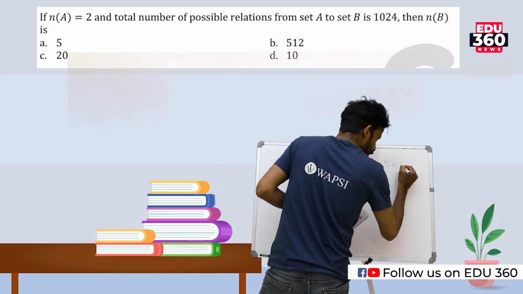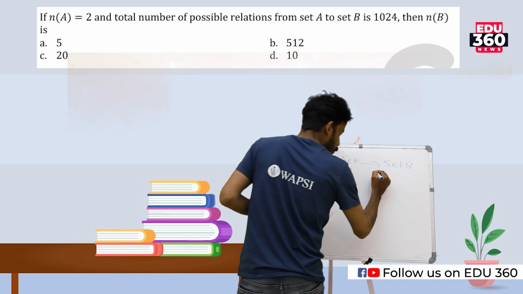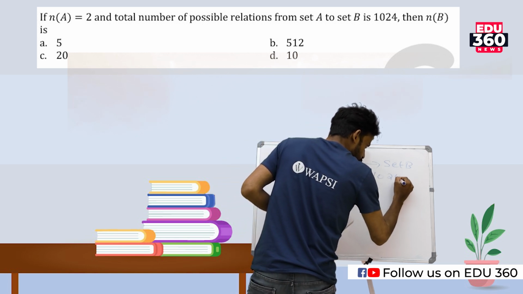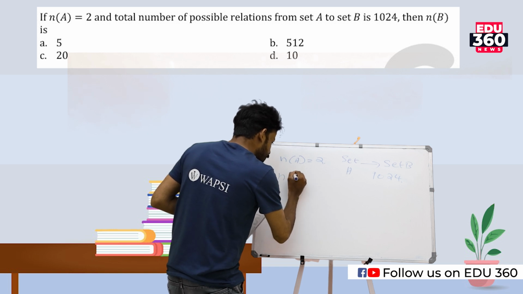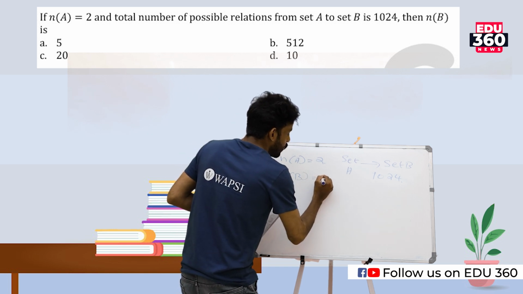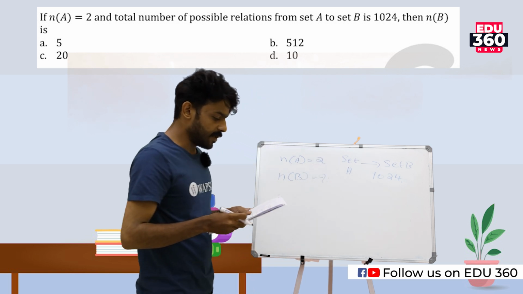In the question they are asking us to find n of B, so we need to find the number of elements in B.